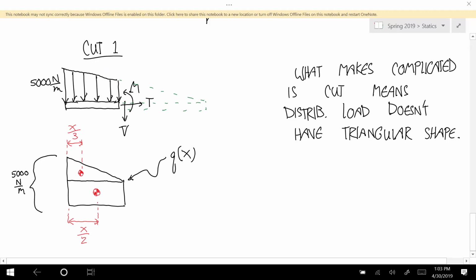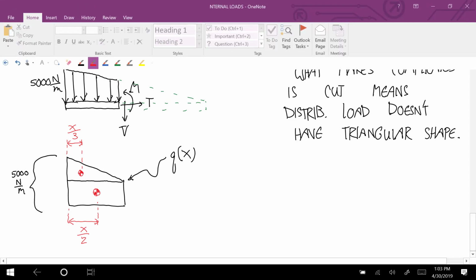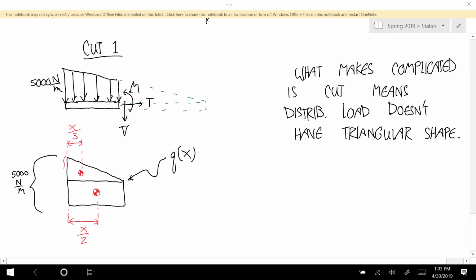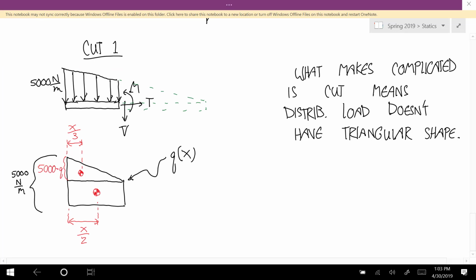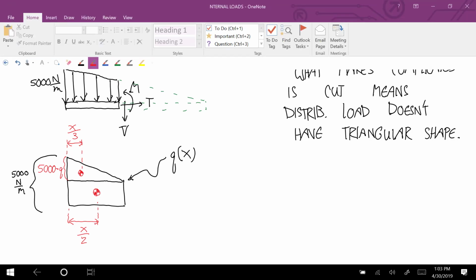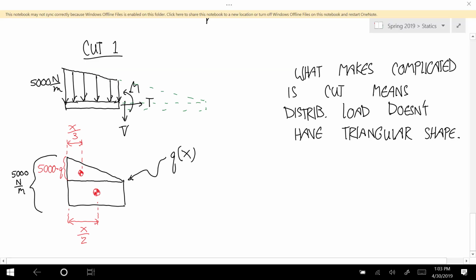So the height of this rectangle is q, right? The height of the whole thing is 5,000. So the height of this triangle is 5,000 minus q. And now you can calculate how to treat these as point loads.